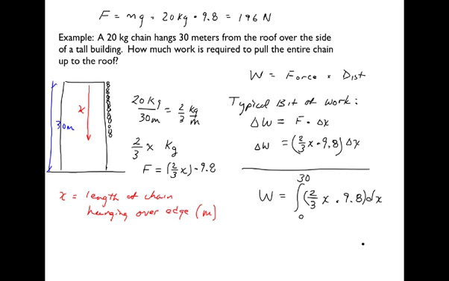Questions on this example? Sorry, if we integrate from 30 to 0, are they the same? Negative. You'll get a negative amount of work. Why is it from 0 to 30? Because X is the length of the chain.